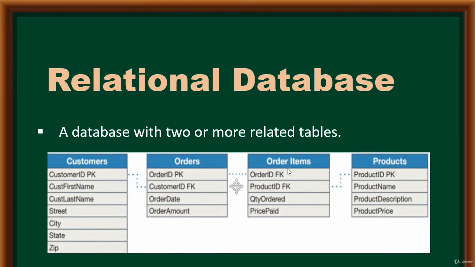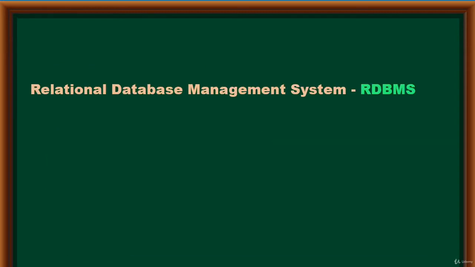All right, if we look at this order items table and this order table, we've got an order ID, we've got an order ID. You can see the dot here representing the relationship. Likewise, we've got a table called products. You can see that we've got a product ID and we've also got a product ID in this order item. So you can see the dot here representing the relationship between the tables.